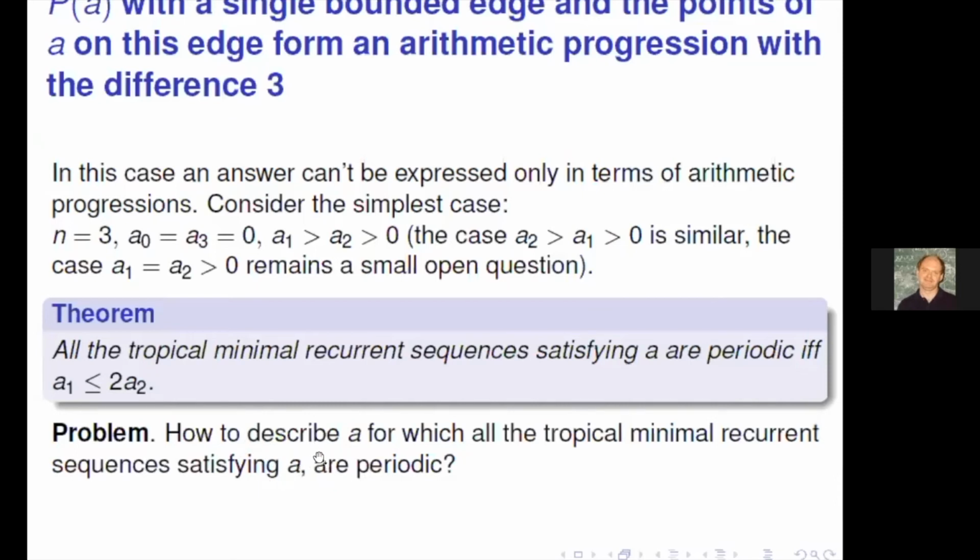Well, the problem which I don't see how to solve, and which really seems difficult, is how to describe the vectors A for which all tropical minimal recurrent sequences satisfying A are periodic. Because look, all three cases which I consider are very particular cases. Even when the difference is 3, I don't know the complete answer, only in the case when n equals 3.